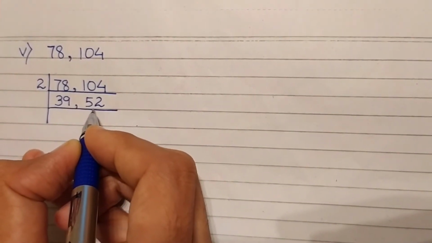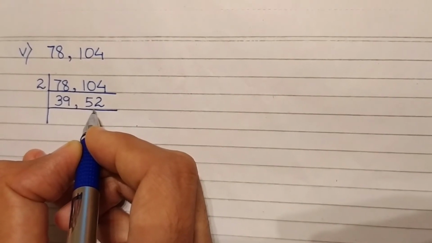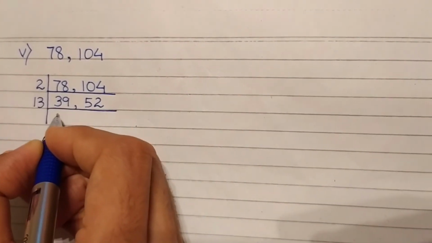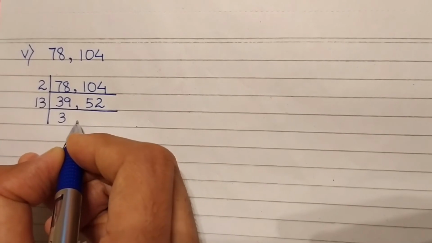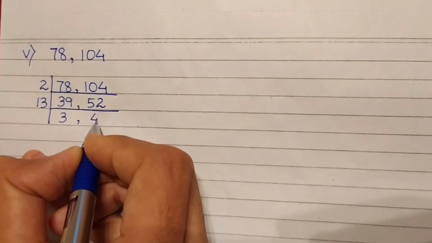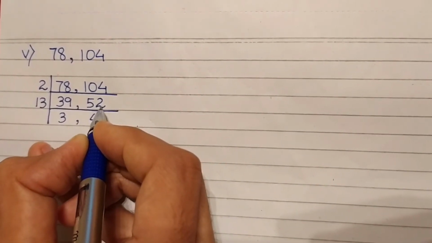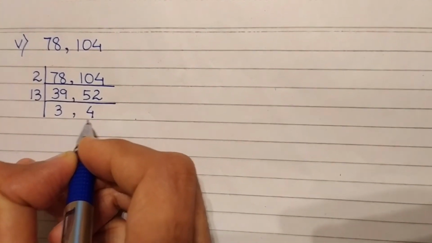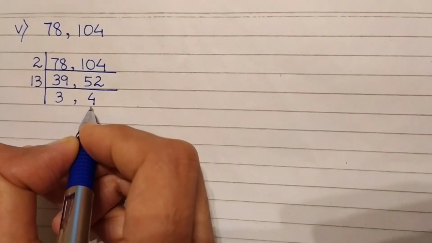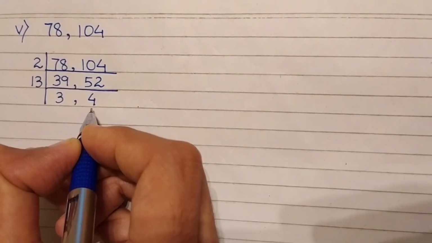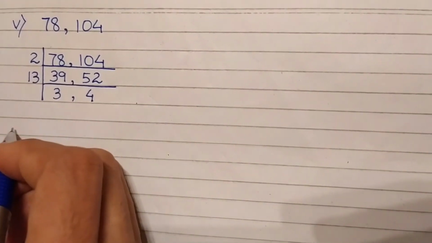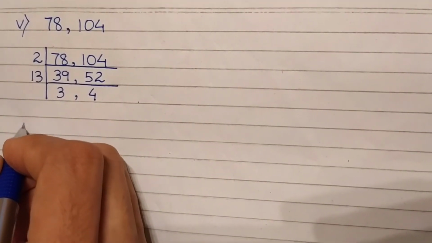Both numbers are multiples of 13. So we can apply table of 13. 13 3s are 39. 13 4s are 52. Now 3 and 4 do not have a common divisor. So we will stop factorization here.